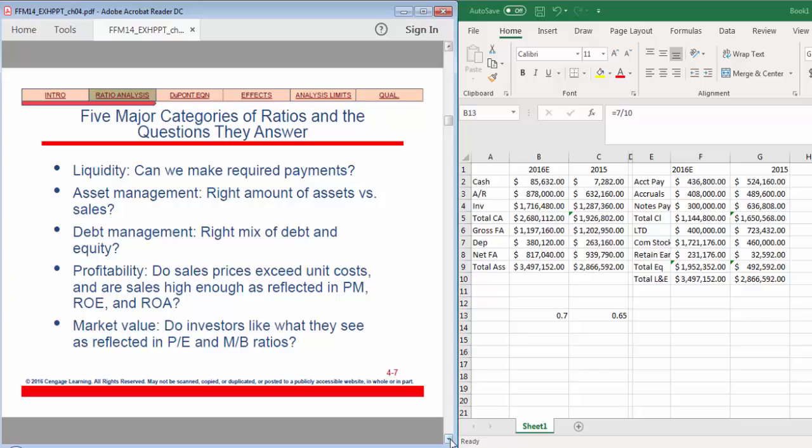Asset management: the right amount of assets versus sales. That is, are we making the best use of the assets we have in terms of the sales that we generate based on the assets that we have purchased and are maintaining? And we'll discuss the relevance of that in today's environment, where most businesses like to rely on third parties for manufacturing.